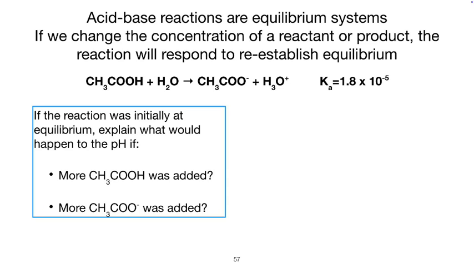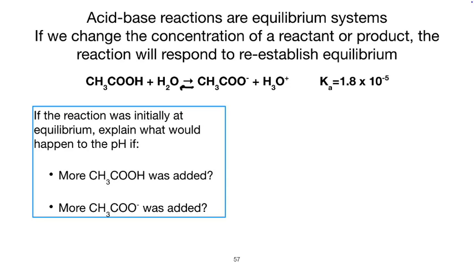Because the concentration of water is constant. We ultimately can't change its concentration because it's a pure liquid. So if we're looking at this system and we decide that it is at equilibrium, what we could then talk about is what happens if I add more acetic acid.